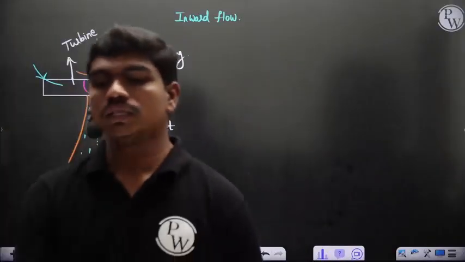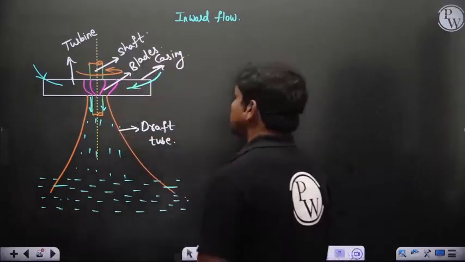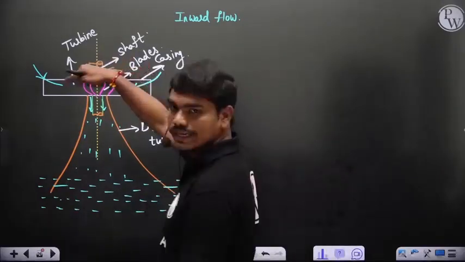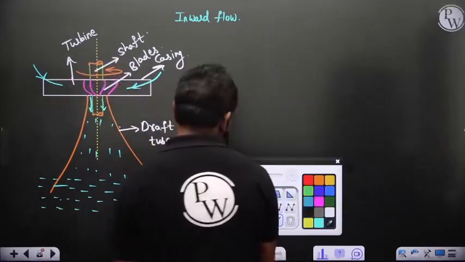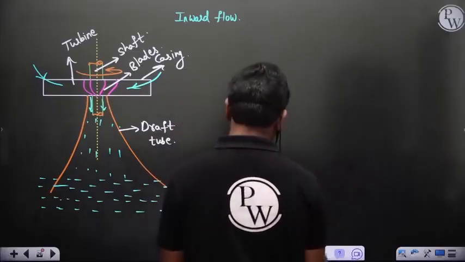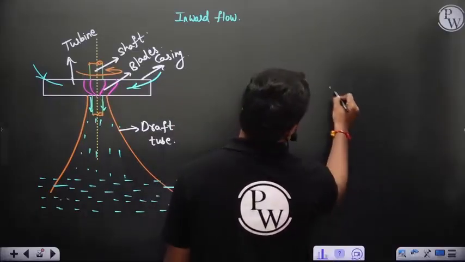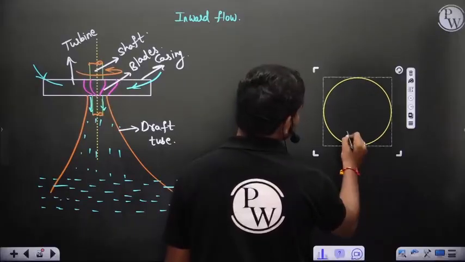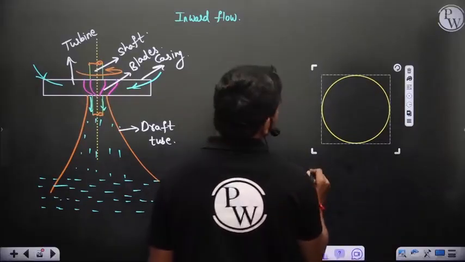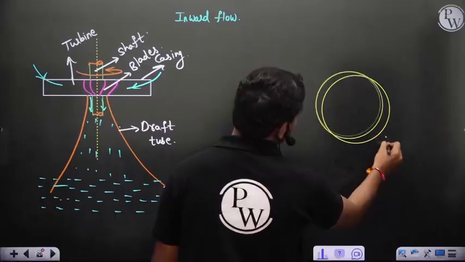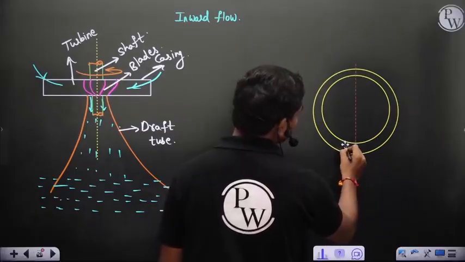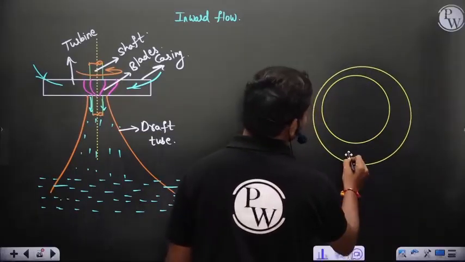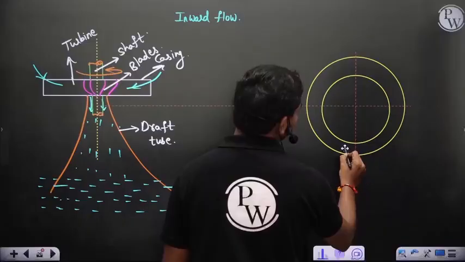Okay, so this is the Francis runner, of course. If you look at the runner, let's see how it looks. You have this runner, and surrounding this runner you have guide vanes. So how do these guide vanes look?